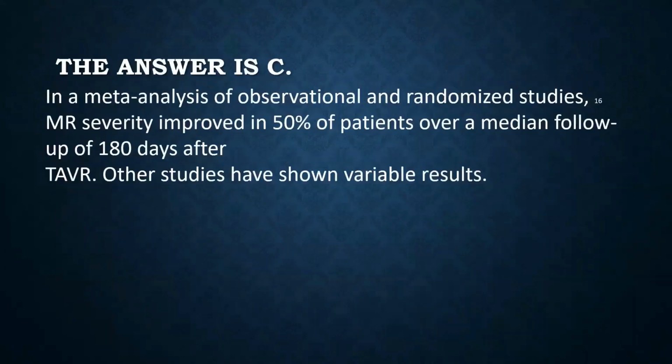In observational and randomized studies, the MR severity improves in about 50% of those patients, following them about 6 months post TAVI. Most patients benefit when the mean gradient across the aortic valve is more than 40 millimeters of mercury and the patient is in sinus rhythm.